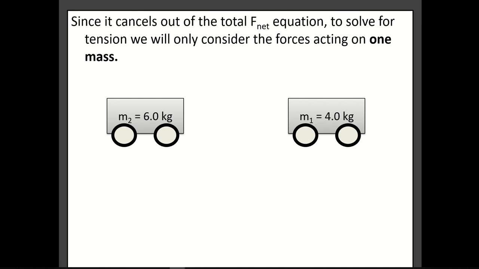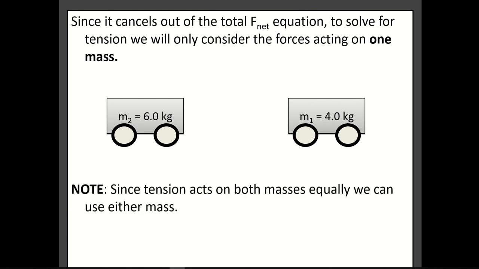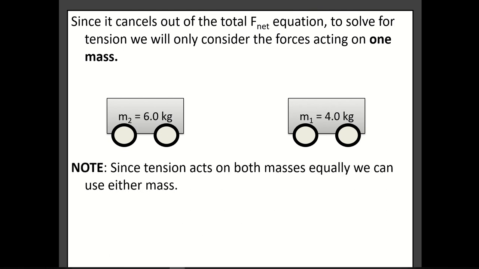And again, we can use either one to find the tension because it will cancel out. So again, tension acts on both masses equally, so we can use either M1 or M2 to find the tension in the string.